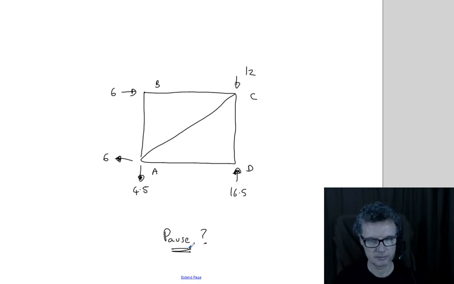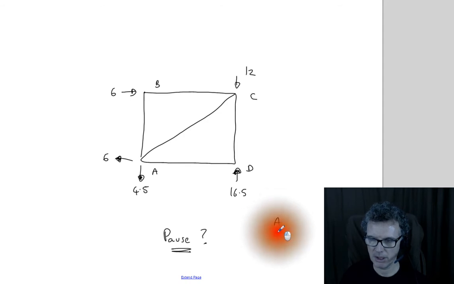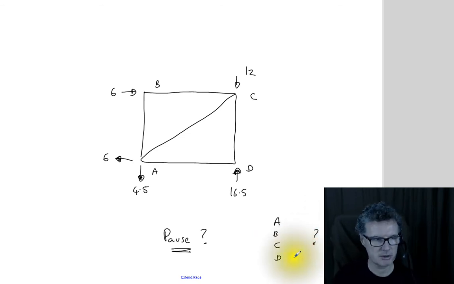Okay. So, give you a bit of a hint. I'm going to do method of joints. Where am I going to do my method of joint? Am I going to do it at A, B, C, or D? What do you think? Have a think about it.